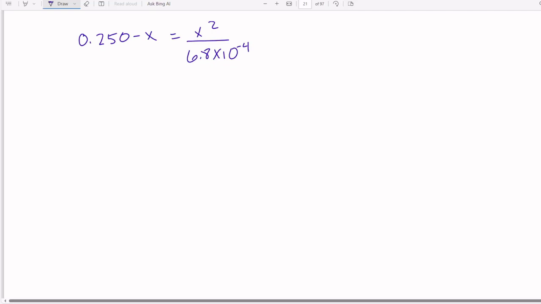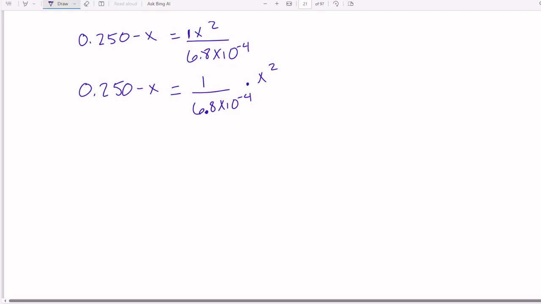I'm going to say that I can rewrite this as what? 0.250 minus X equals 1 over 6.8 times 10 to minus 4 times X squared. So in other words, I know that there's a 1 in front of the x essentially, and I can call the coefficient of x squared 1 over 6.8 times 10 to the minus 4, which reduces a little bit of my math by making me not have to distribute across everything.